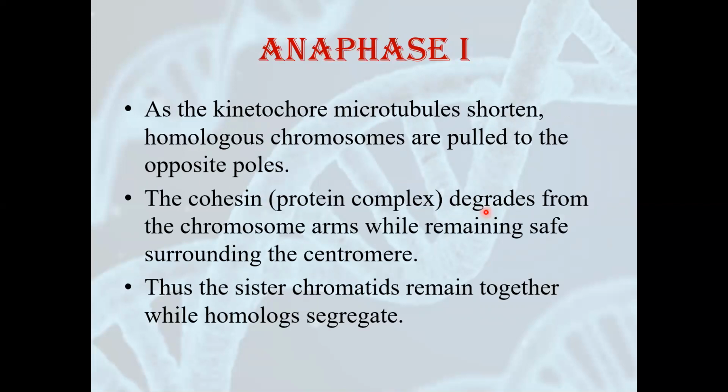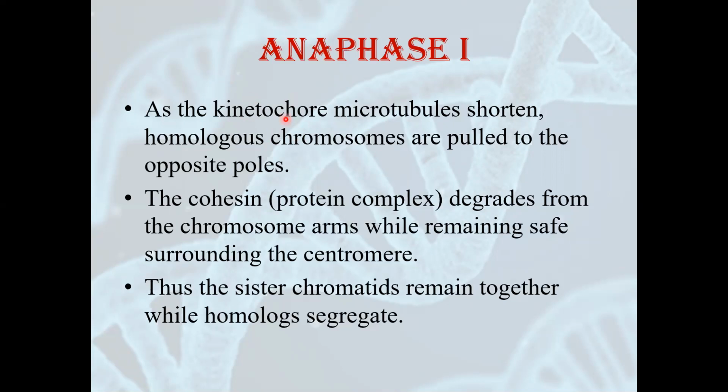Anaphase I. This is also similar. As the kinetochore microtubules shorten, homologous chromosomes are pulled to the opposite poles. If you remember chapter number 8, you will know what is kinetochore. Kinetochores are present on the sides of the center part of a chromosome, near the centromere. So here what will happen?